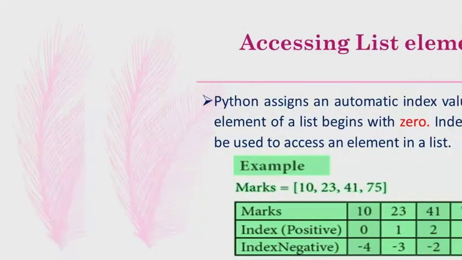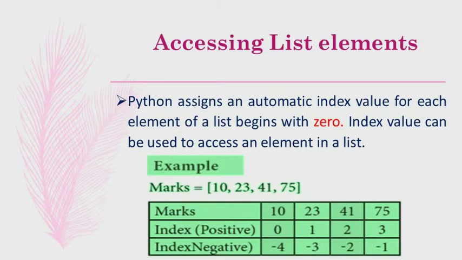Okay, and next, accessing list elements. How will you access the list elements? Let us see that. We can access the list elements by using index values. We already know that index values always start from 0, and negative index values always start from -1 from the last character. See this example: marks = [10, 23, 41, 75]. Here each element has its own index value.